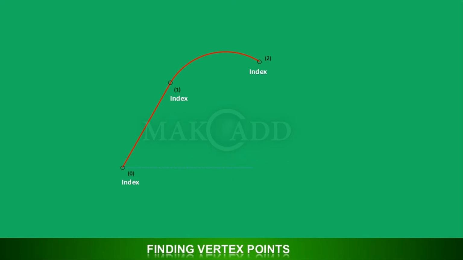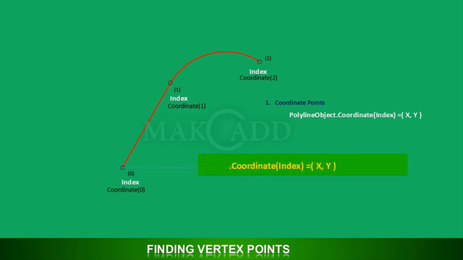Now, when extracting the vertex points, we can use two functions in VBA. One is Coordinate with an index number. This function with an index number returns the x and y values of a single vertex. So Coordinate 0 means this: when you extract the value using Coordinate with a 0 index, it consists of two values.